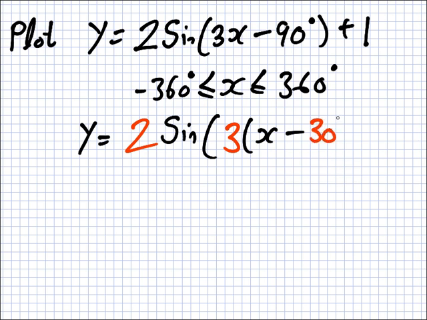So I took the 3 out. Plus 1. So this is now our A, B, C, and D. Okay so far? Yes? Now, please watch carefully, because what I'm going to do now is make a table, very special type of table.